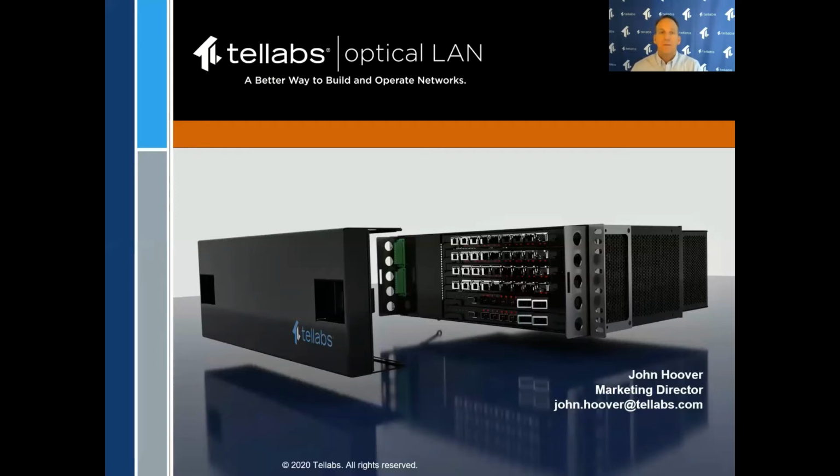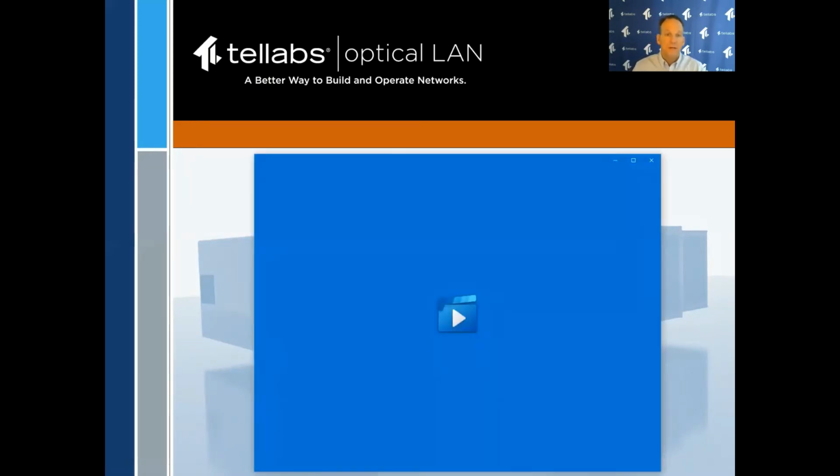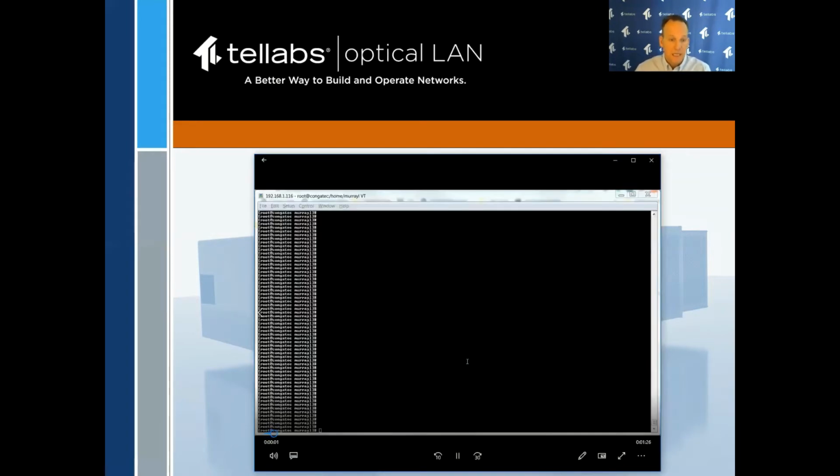To illustrate that, I'm going to show you a couple screen capture videos that show a comparison between provisioning a legacy Ethernet switch using command line interface and then doing this in a passive optical LAN environment where we're using global profiles templates. So to illustrate this first, what I'll do is I will launch this screenshot of provisioning a traditional Ethernet switch using CLI, and you all should be familiar with this paradigm.